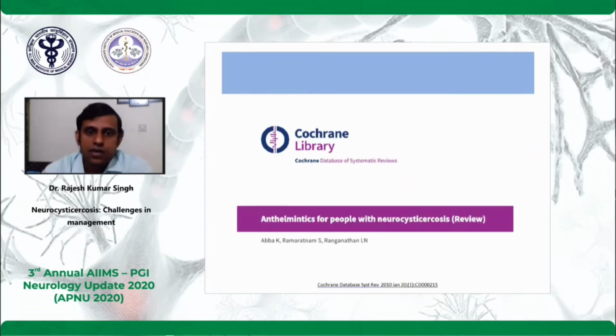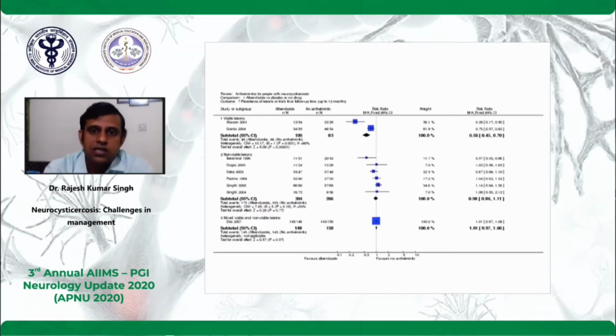A systematic review and meta-analysis was done on the treatment of NCC with albendazole. This is the forest plot, comparing albendazole versus placebo or no drug, and the outcome was the persistence of lesions at the final follow-up, up to 1 year.